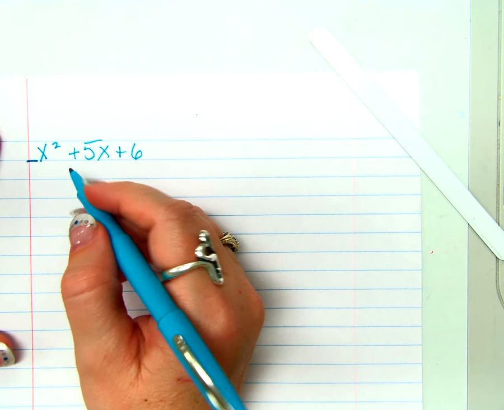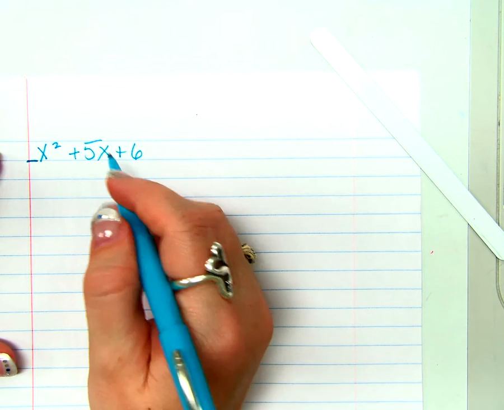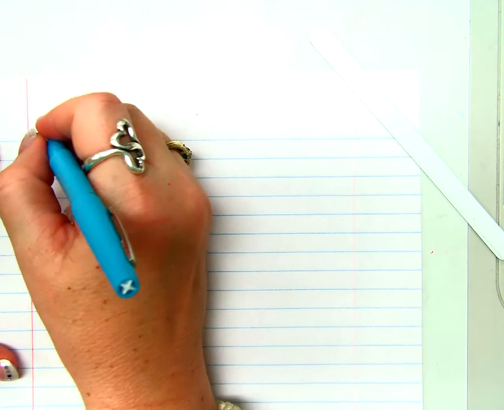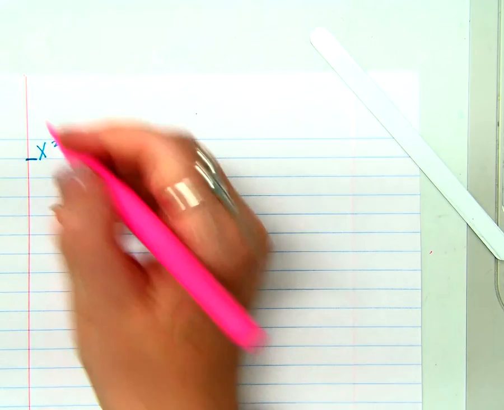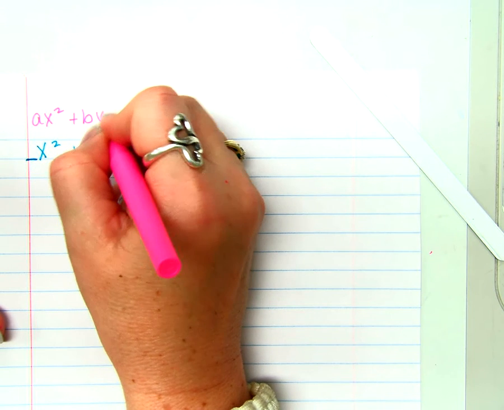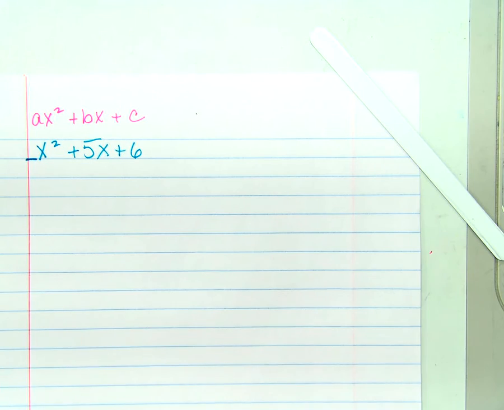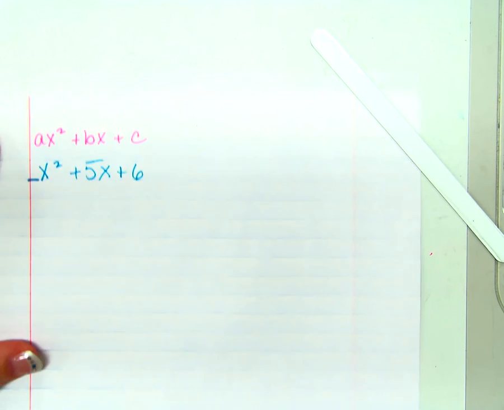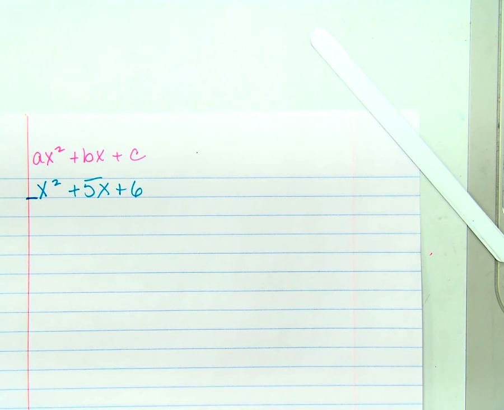So here we go. First thing you need to know is that the general form for a quadratic looks like this: ax squared plus bx plus c. That is the general form for any quadratic.